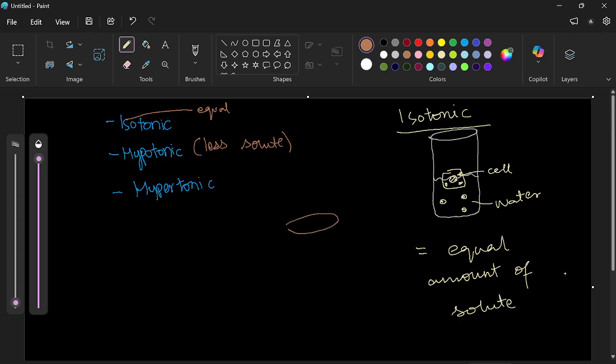So if this is a glass of water, the water literally has a lesser amount of solute, but the cell has a higher amount of solute as compared to the solution. So this is a hypotonic solution.